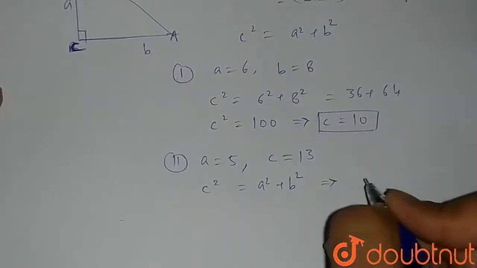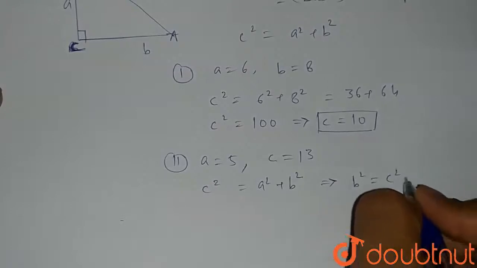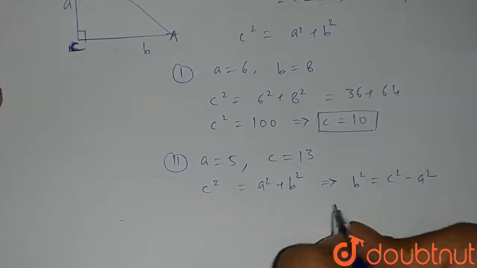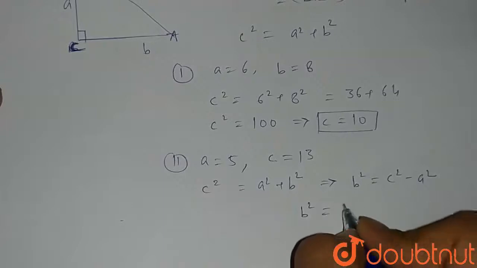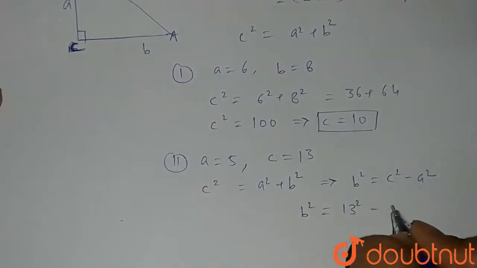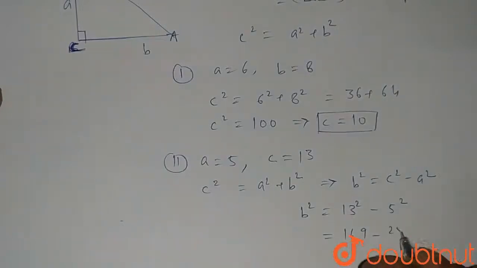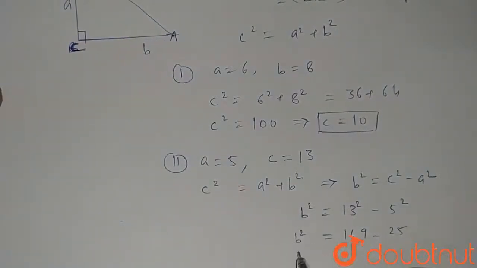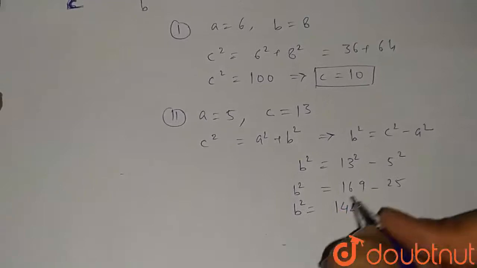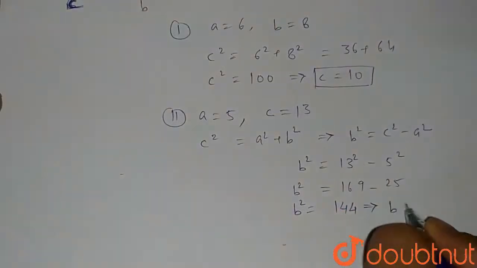This implies that B square is equal to C square minus A square. Now B square is equal to 13 square minus 5 square, which is equal to 169 minus 25. So B square is equal to 144, or this implies that B is equal to 12.